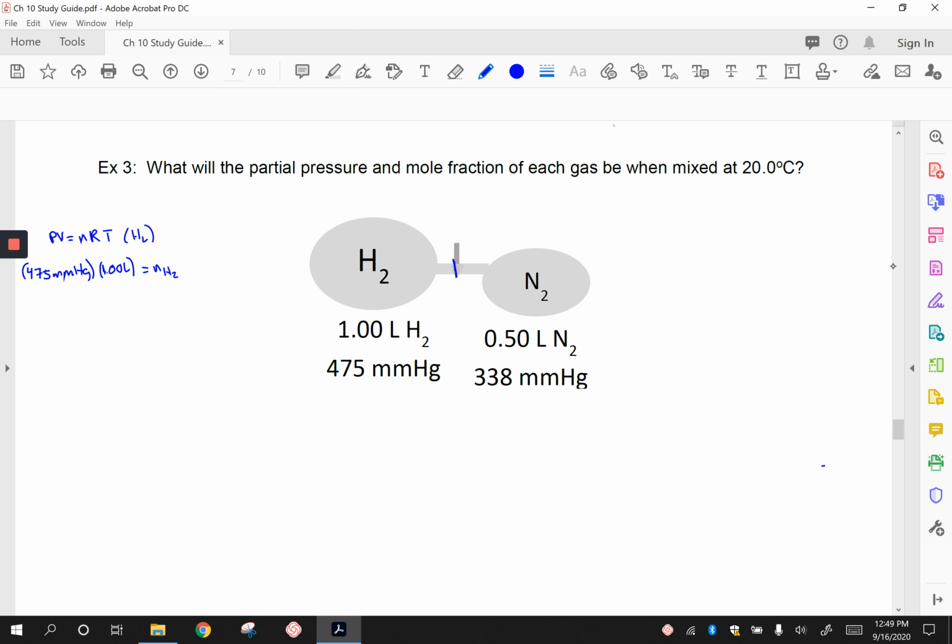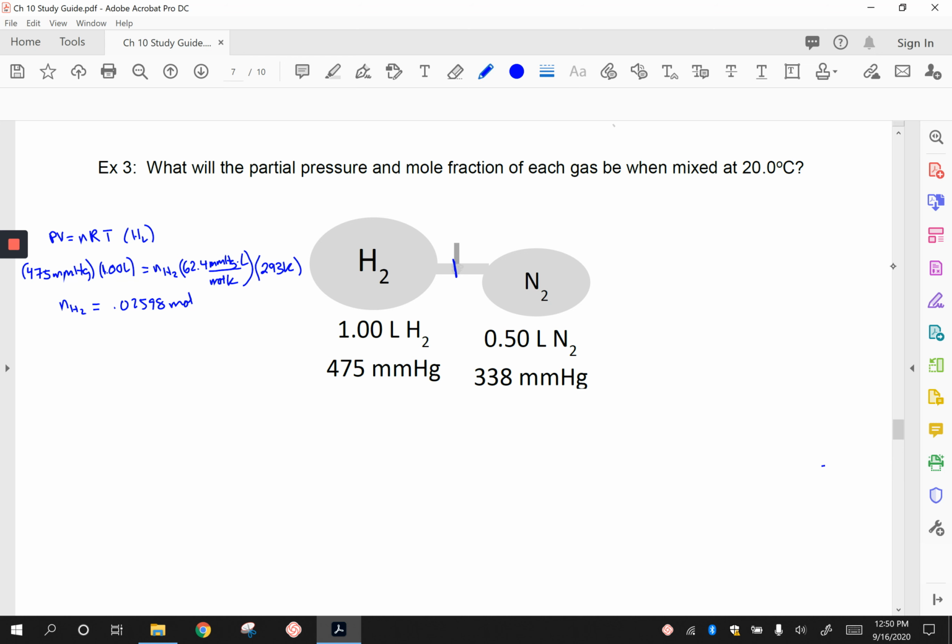That's going to be the moles of the hydrogen times 62.4 millimeters of mercury times liters per mole Kelvin. My temperature, they tell us we're at 20 Celsius, which is 293 Kelvin. And I got my moles of hydrogen to be 0.02598 moles. Again, I'll look at sig figs at the very end here.